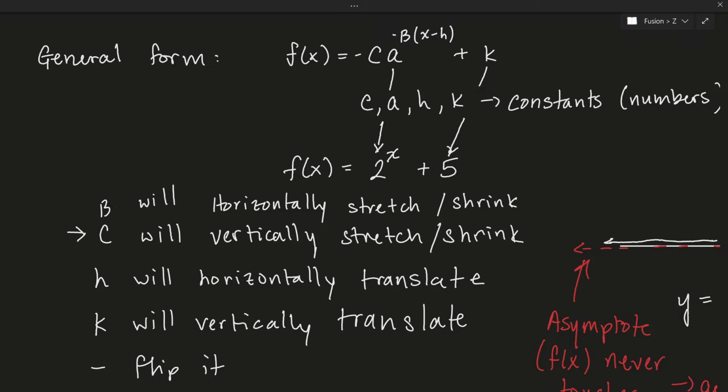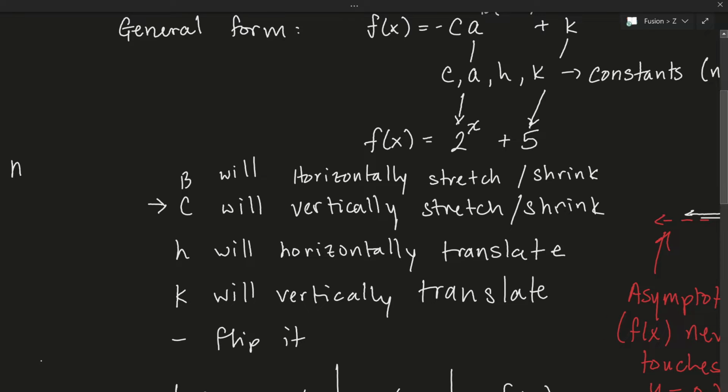The negative on the c flips it vertically, and the negative on the b flips it horizontally. That's technically called reflection, but whatever.